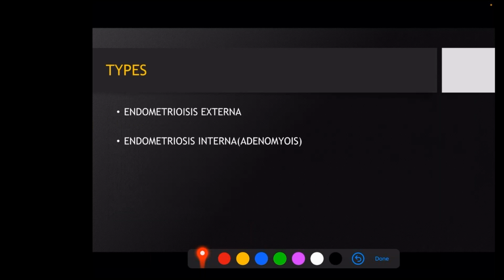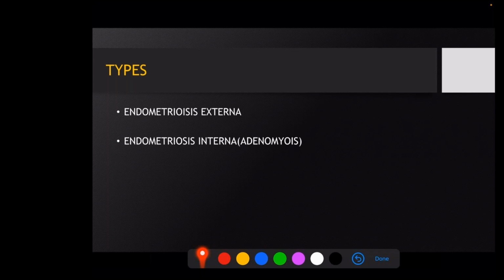Then another classification: endometriosis externa and endometriosis interna or adenomyosis. Endometriosis externa is the presence of endometrial tissue in sites other than the uterus, other than adenomyosis, and is generally referred to as endometriosis.